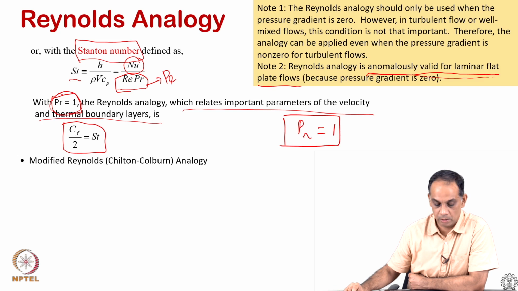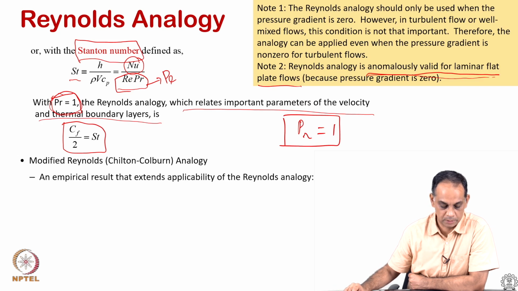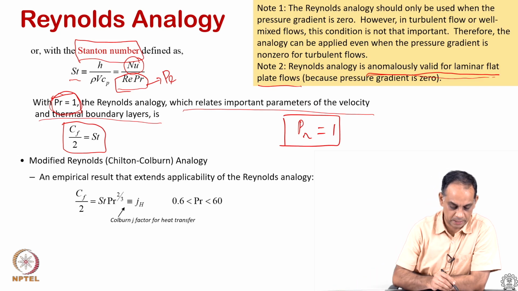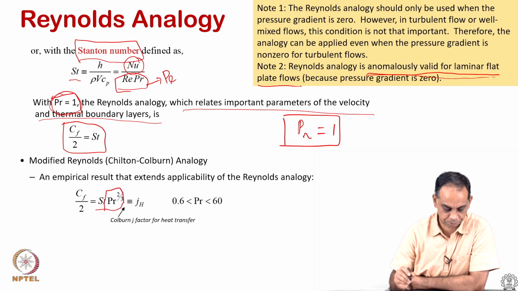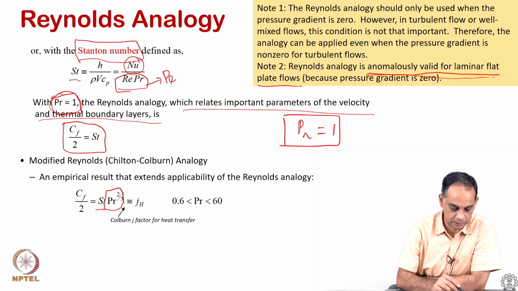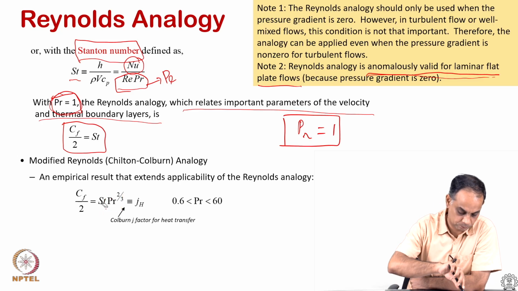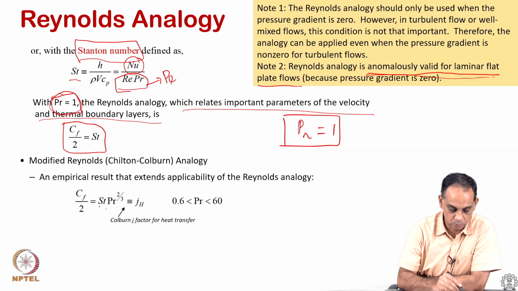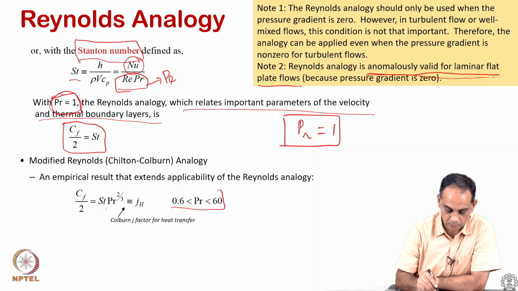The extension of Reynolds analogy is the Chilton-Colburn analogy, but it has its own coefficient for Prandtl number. This factor, Cf by 2, is equal to Stanton number times Prandtl raised to the power 2 by 3, and this is valid for this Prandtl number range.